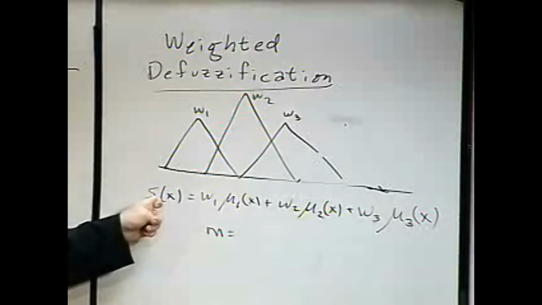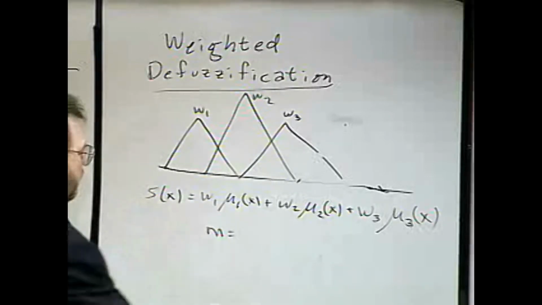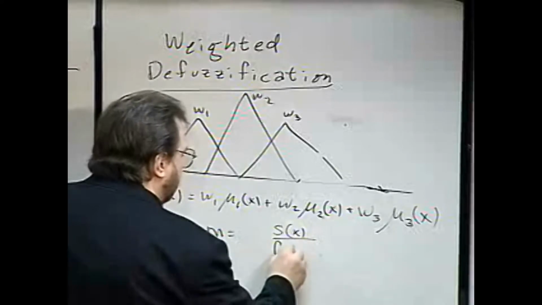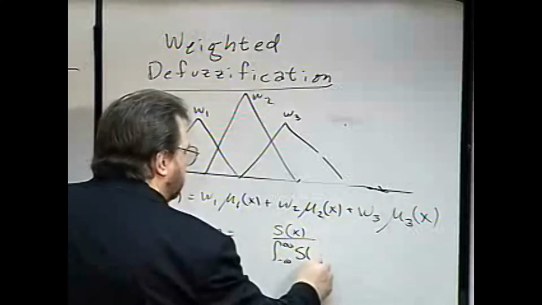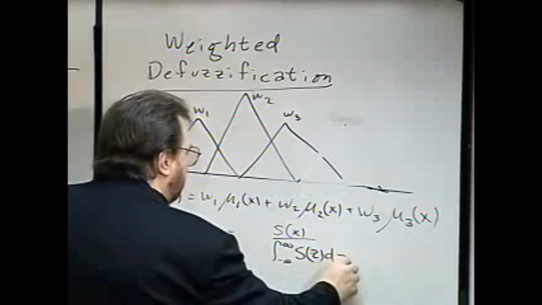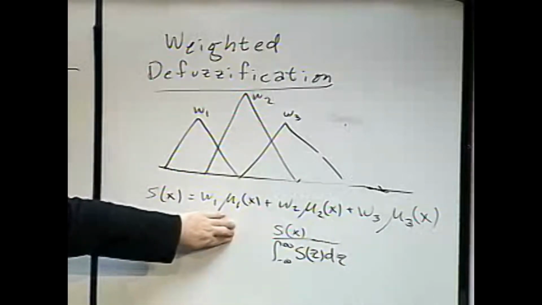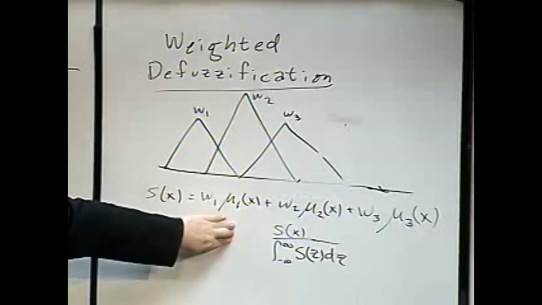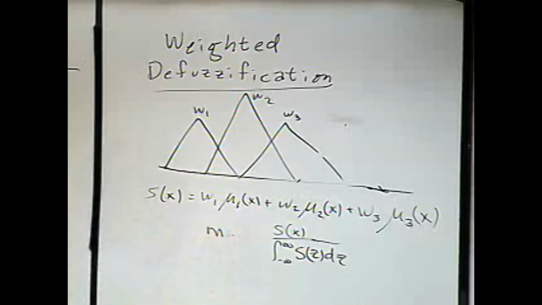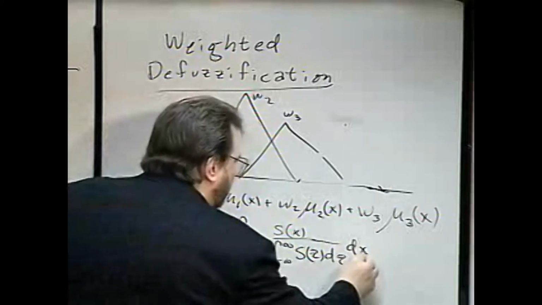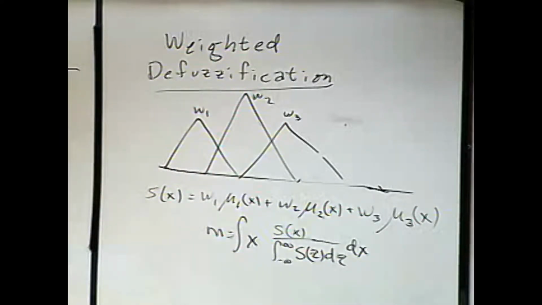So in order to make this have an area of 1, what we do is we simply take the function and we divide it by its area, right? Say S of z dz. And this then becomes like a density function because this now has an area of 1, doesn't it? Right? And now in order to get the mean of this, we perform an integration and take the expected value. So this is the center of mass of that result. Make sense?